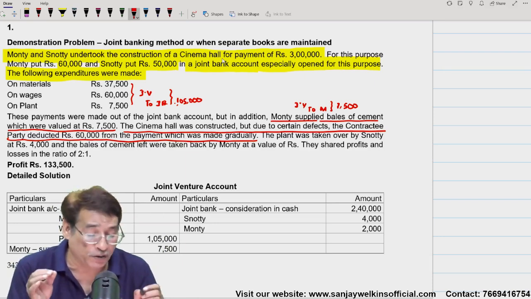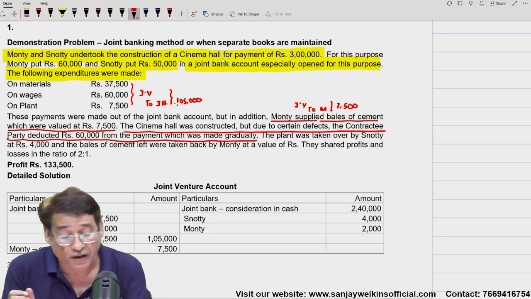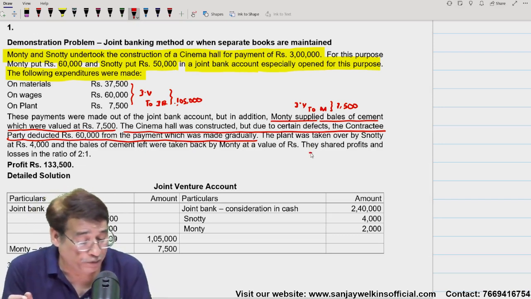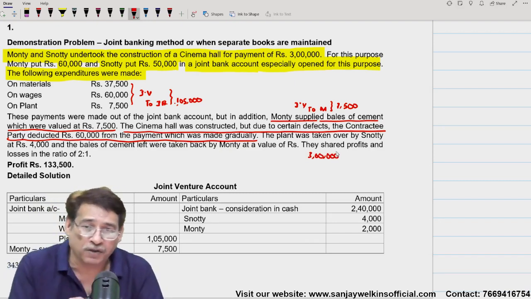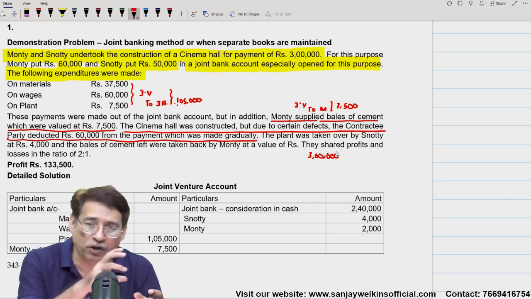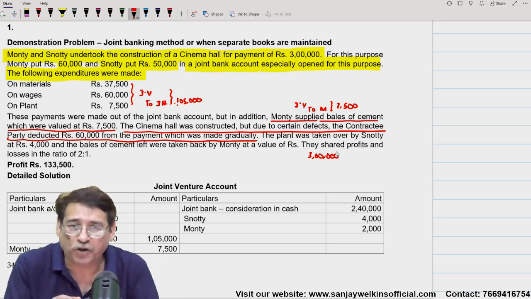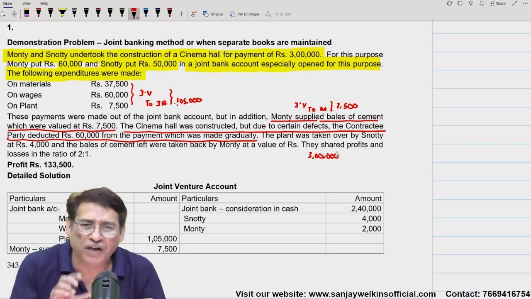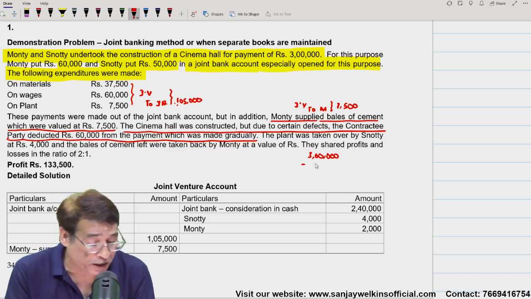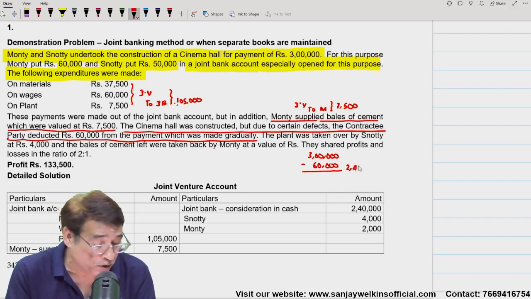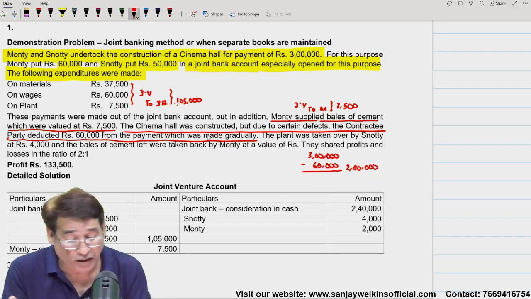But after the cinema hall was constructed, quite obviously the contracting company is going to inspect it, and suddenly they found that there are some defects. So they did not pay us 3 lakh. In fact, they subtracted 60,000 from the agreed payment and paid only 2,40,000 to us.